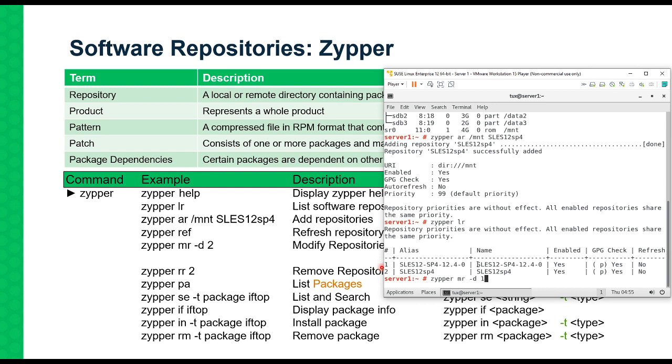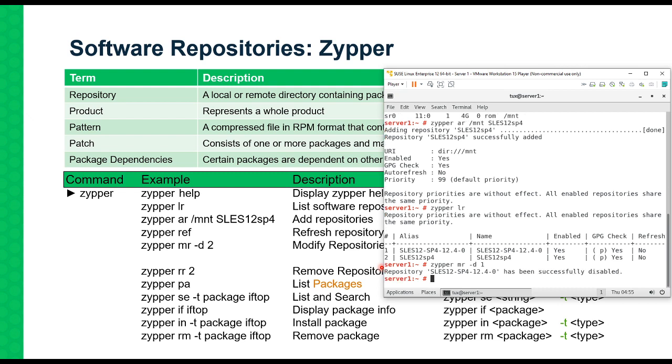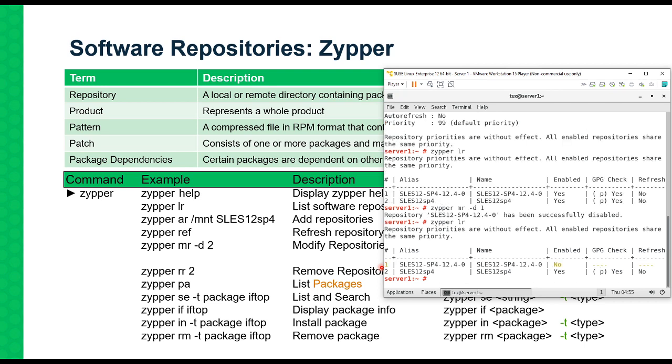You can either use the full name, or you can use the source if you knew what the source were. So I'm going to hit enter, and that should disable that repository. So let's do a zypper lr to see our current state. And it shows that that repository has now been disabled.